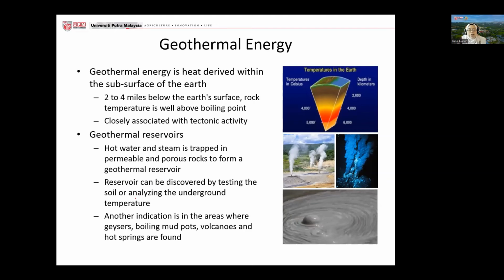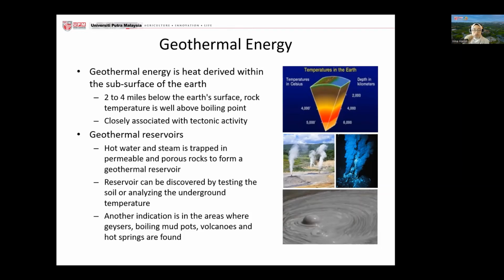This reservoir can be discovered by testing the soil or analyzing the underground temperature. Another indication is areas where geysers, boiling mud pots, volcanoes, and hot springs are found. So you would know that in those locations, there's a geothermal reservoir.